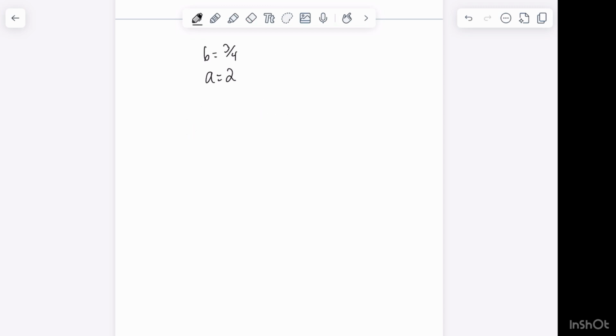Now I'm going to figure out our probability of getting the arrow to cross the line, and then we're going to figure out pi using that. So here's our formula, 2B divided by A over pi. A is equal to 2, so that crosses out, and we're going to get 3/4 over pi, which is going to be equal to our probability, our number crossed divided by our number of arrows in total.